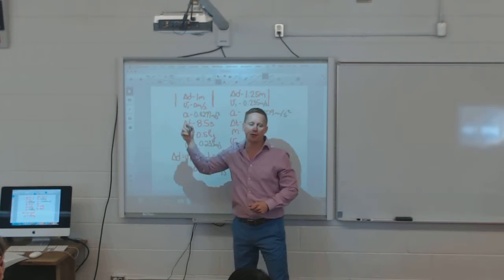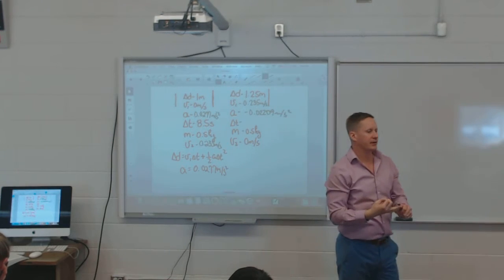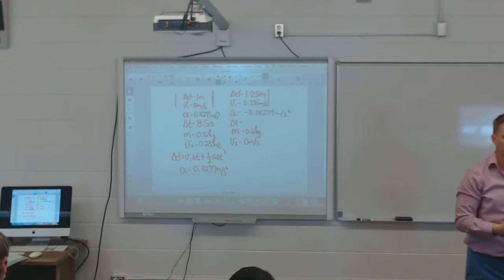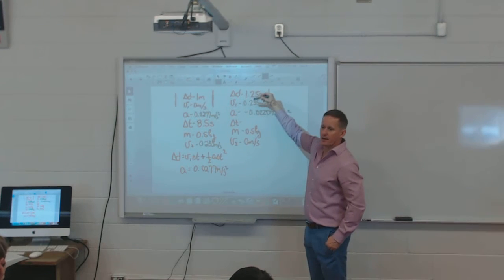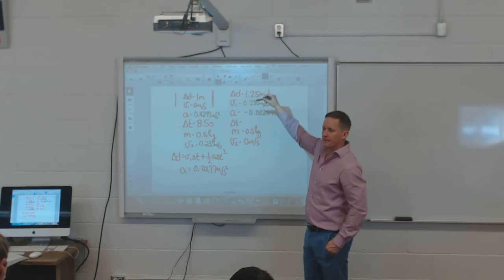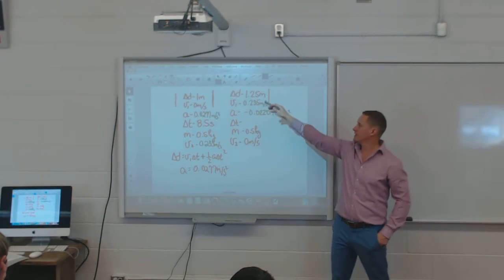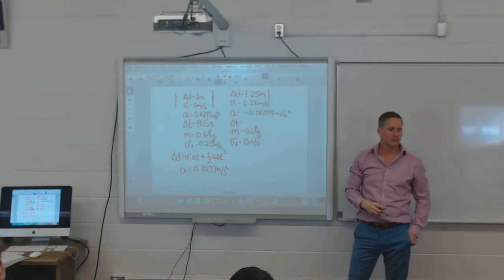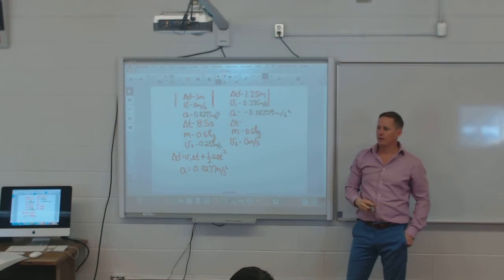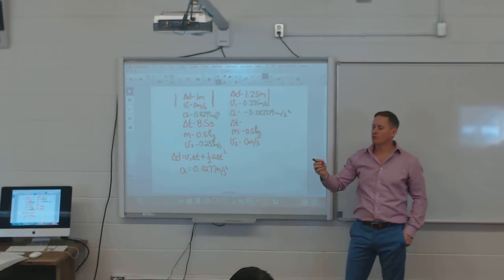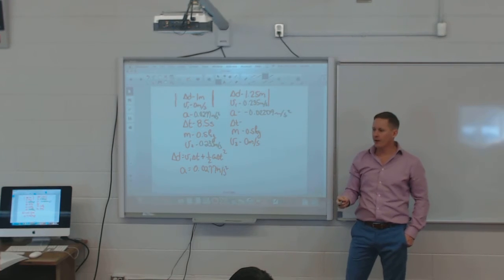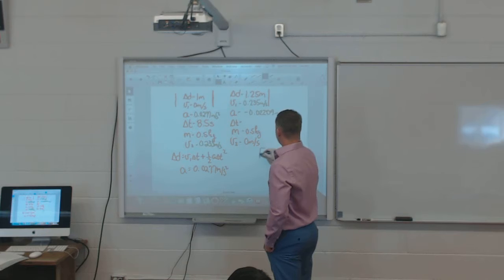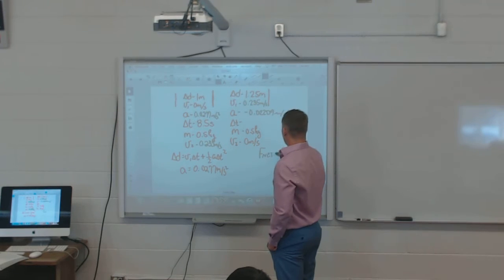This first section has an applied force, a friction force, and a net force. Is there an applied force in the second section? No, because he's coasting now. So what is the only thing affecting that skateboard? Friction. So my net force is equal to my friction force.